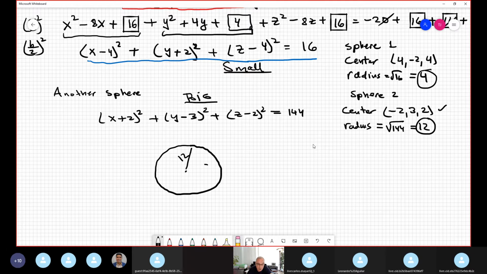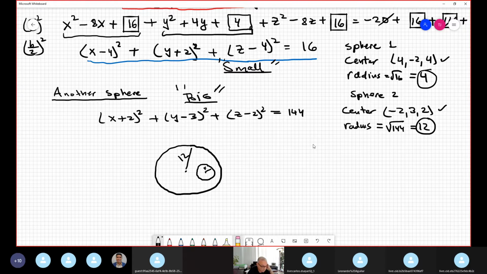And inside we have another, small sphere. The center of this sphere is this, and the radius, I know, is 4. What is the goal of this part? To find out whether the big sphere totally contains the small sphere, or not.